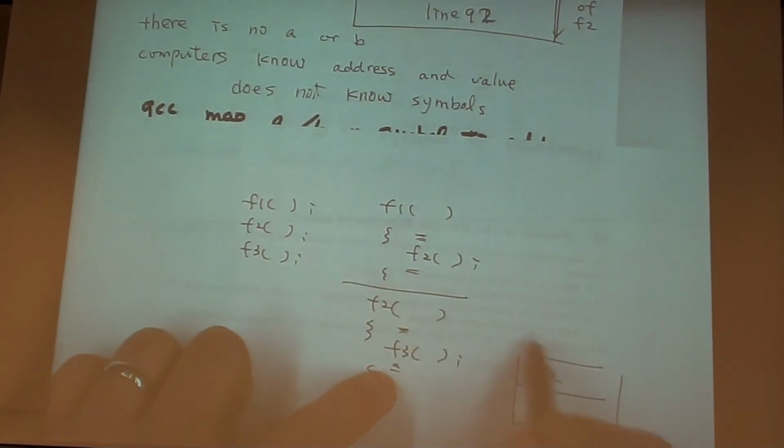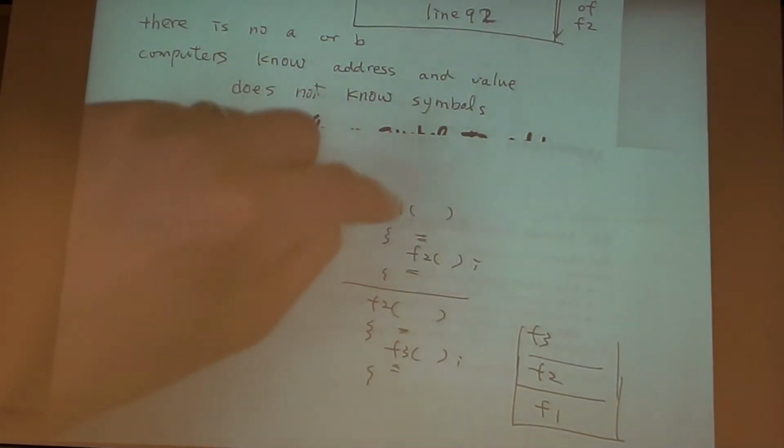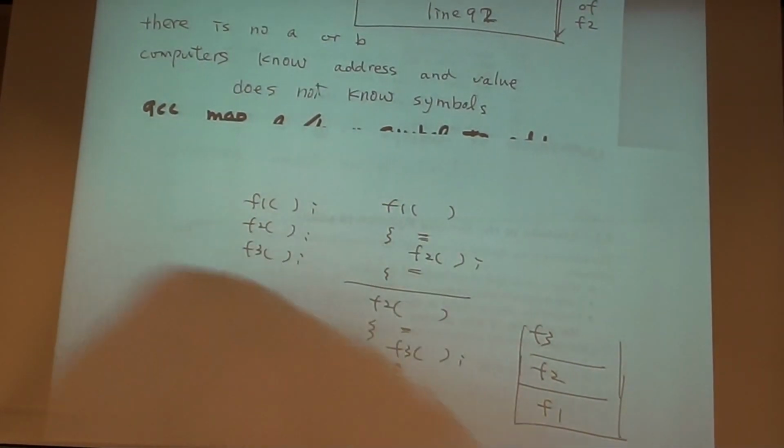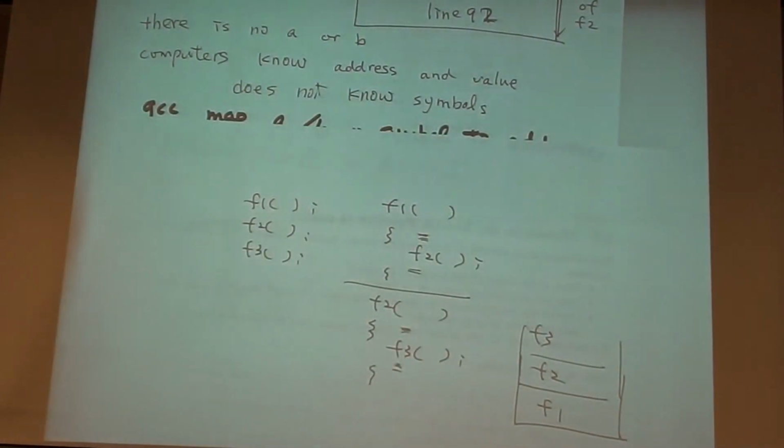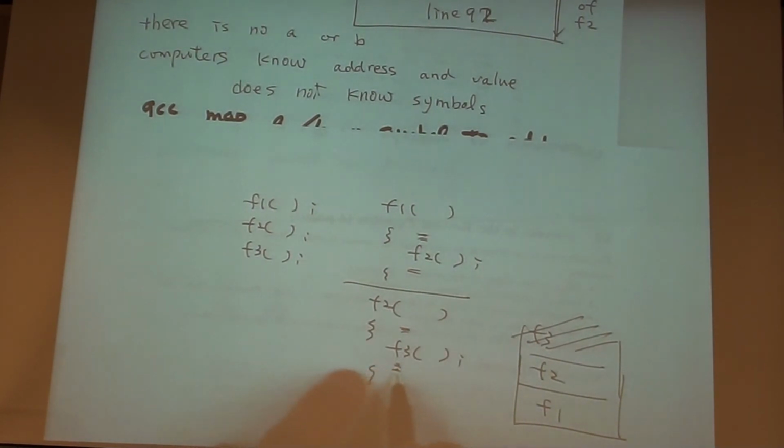So now your F3 is pushed. So in this case, F1 calls F2, F2 calls F3, then you have 3 frames. If F3 finishes, then this frame gets popped. Then you go back to F2. You may have some more work here, right? You do whatever F2 needs to do, then after F2 finishes, that frame gets popped.